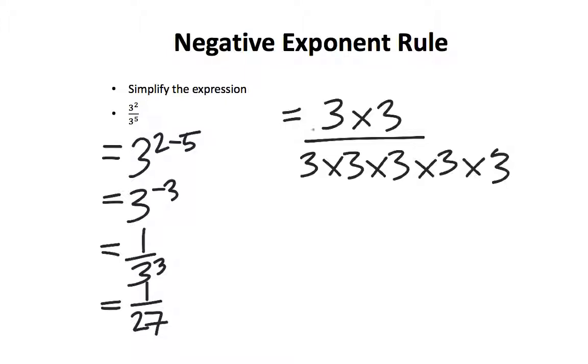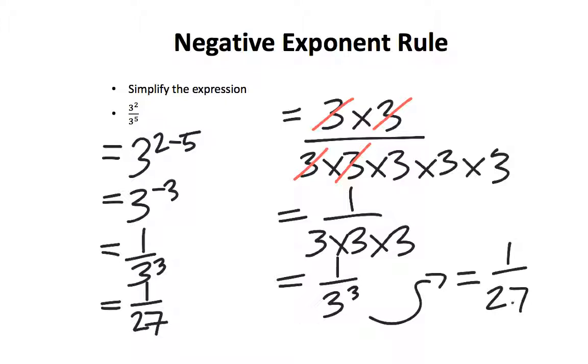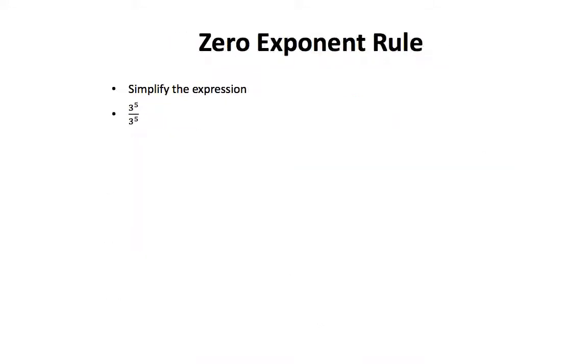You should notice that these 3's are going to cancel out, which leaves me with a 1 in the numerator and these in the denominator, which is the same thing as 1 over 3 to the power of 3. And you know that already simplifies to 1 over 27. And that's how the negative exponent rule works.